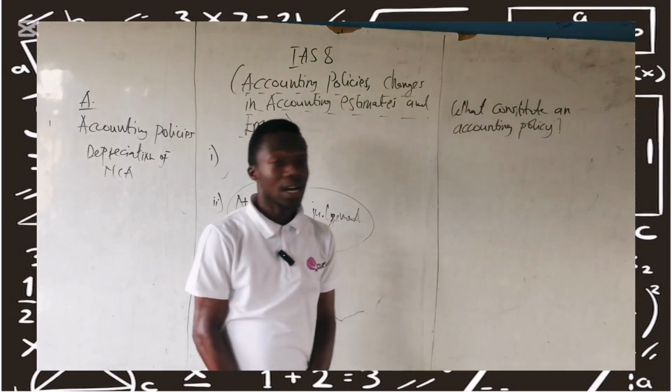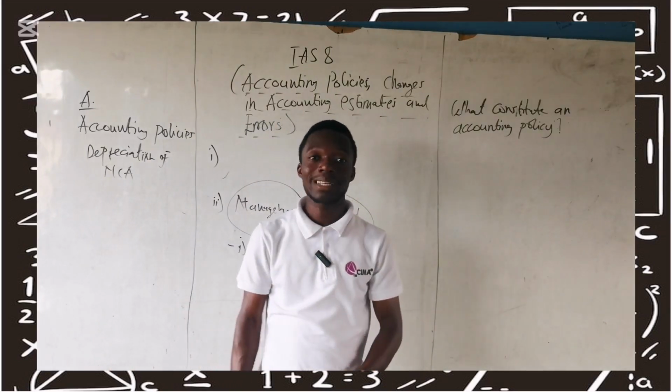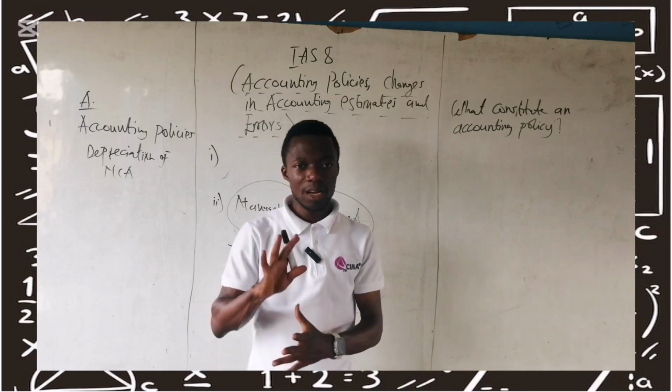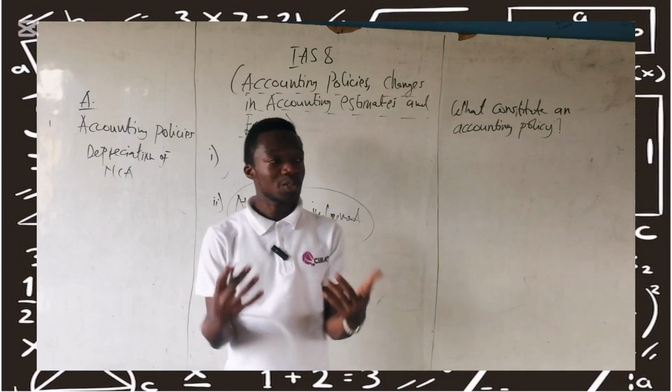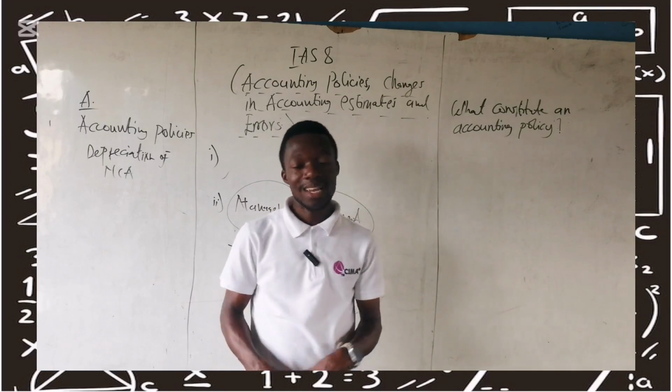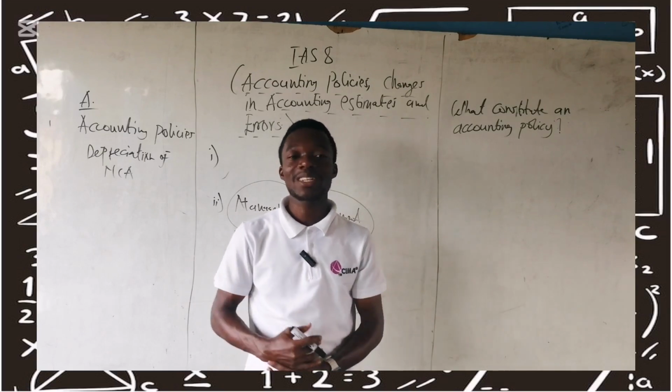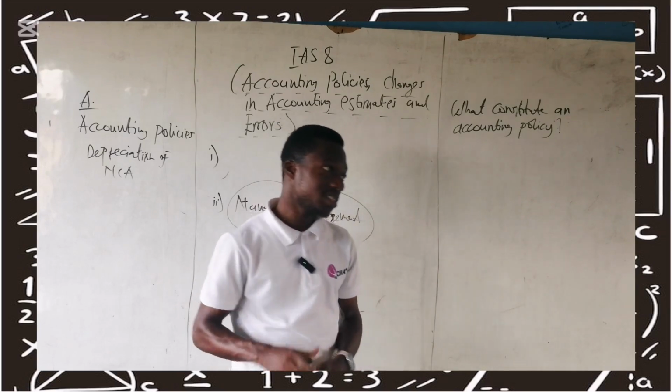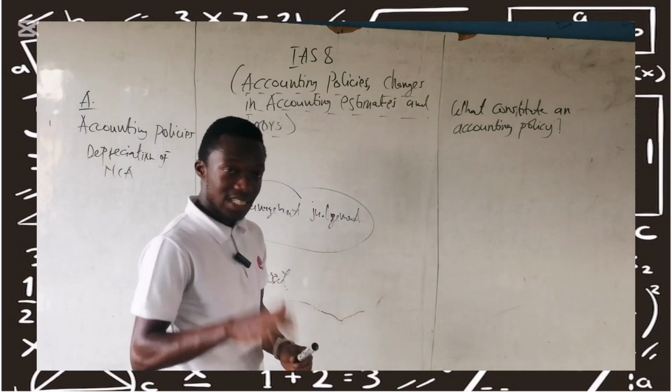So what constitutes an accounting policy? Having known how to select an accounting policy, we have to know that an accounting policy is what an entity has adopted in the preparation and presentation of the financial statements. Then there should be three items that must be present.